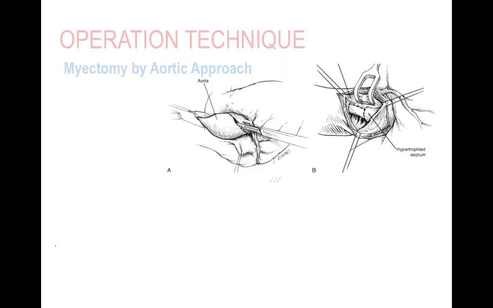Myectomy by the aortic approach. As we know, the aortotomy is an oblique incision to the non-coronary cusp, and then with the ribbon retractor on the right coronary cusp, you can see the septum, and these are the lines of your incision.